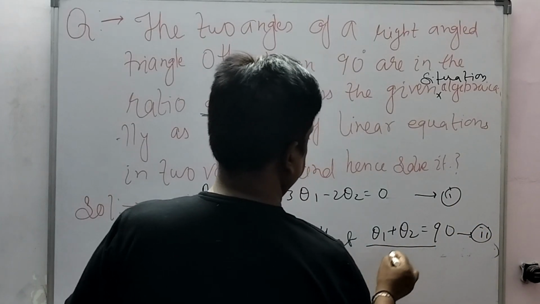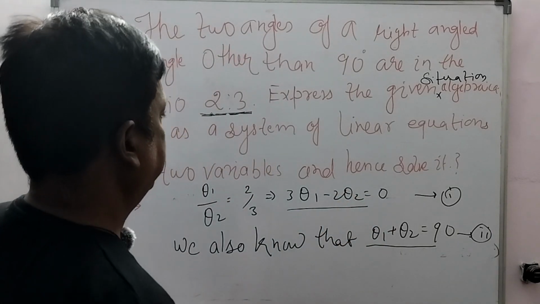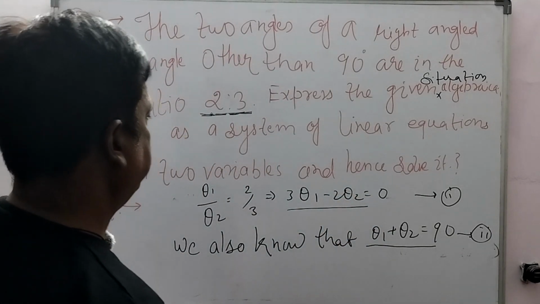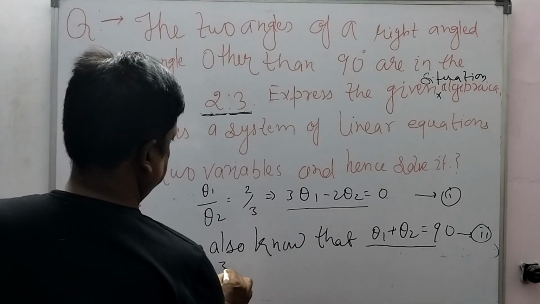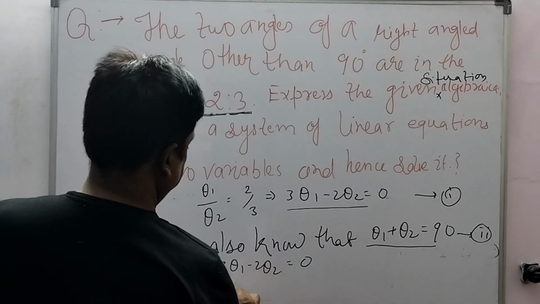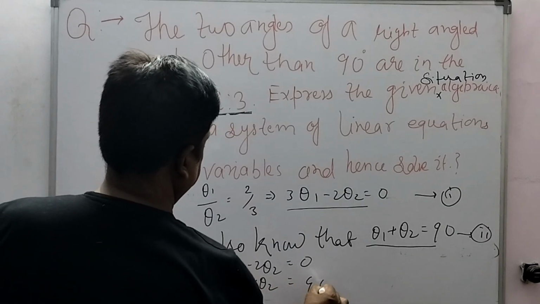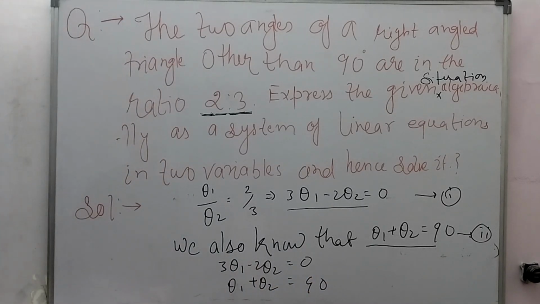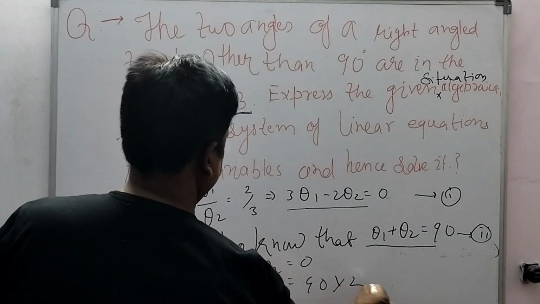Then how can we solve it? So we get a system of two equations: 3 theta 1 minus 2 theta 2 equal to 0, and the other is theta 1 plus theta 2 equal to 90 degree. Suppose we multiply it by 2.